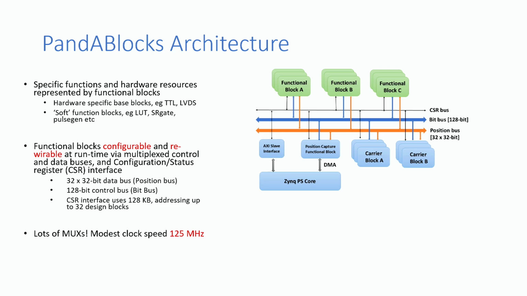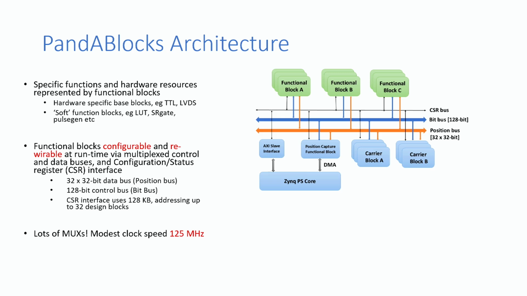So we have functional blocks, which could be things like a lookup table, set reset gate, pulse generator, etc. Then we also have hardware blocks on the carrier, which are more specific to the actual hardware, things like TTL outputs, LVDS.